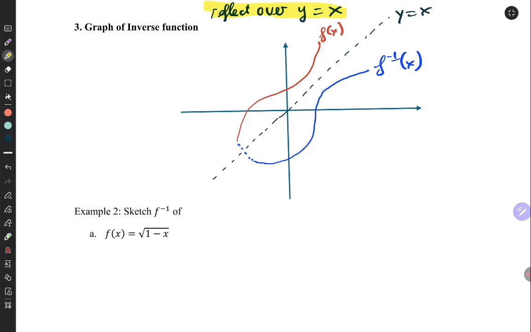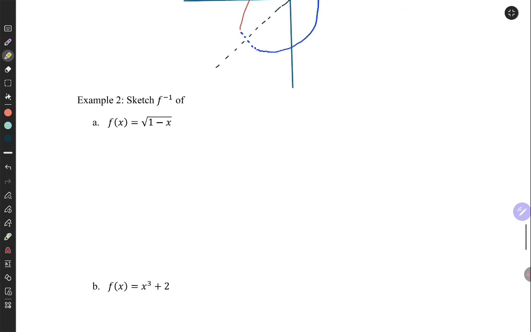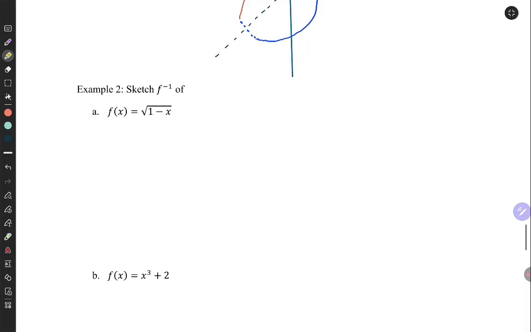You need that for this section. If you don't, make sure you go back to the notes from 112b, 113, recall function transformation. You're going to shift the function around a lot, and then you're going to plot it, and after that, you will be plotting the inverse.